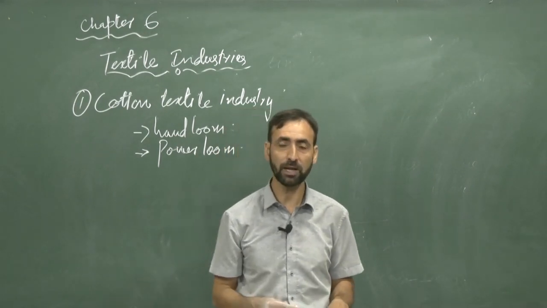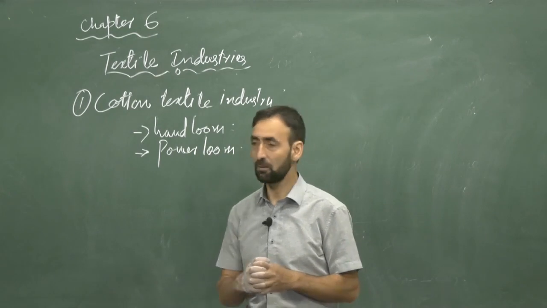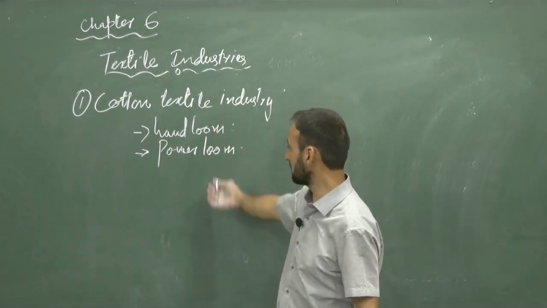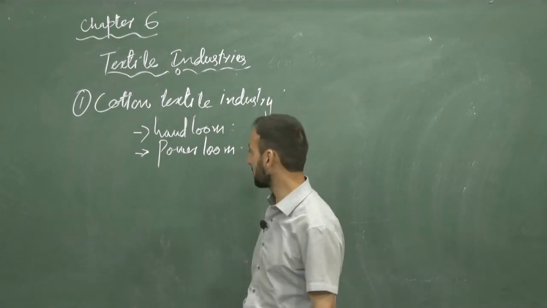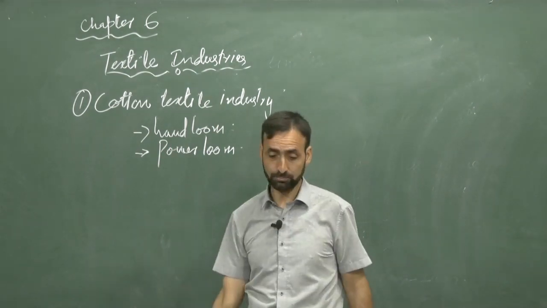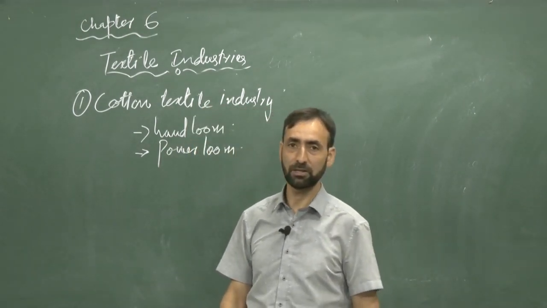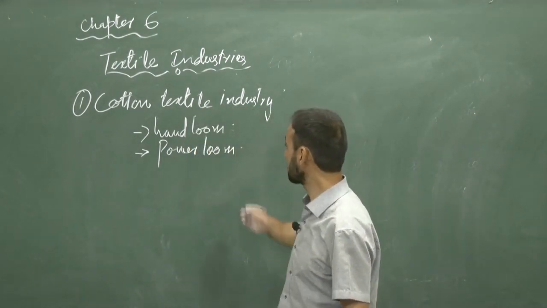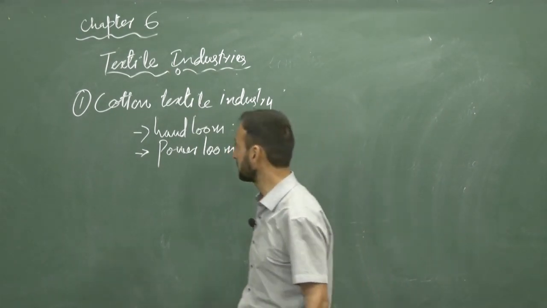It is a problem that India does not have sophisticated machinery to make a large number of clothes from this yarn, which is grown particularly in Maharashtra. India cannot make such a large number of cloths with the help of its machines, because the machines are not sophisticated.